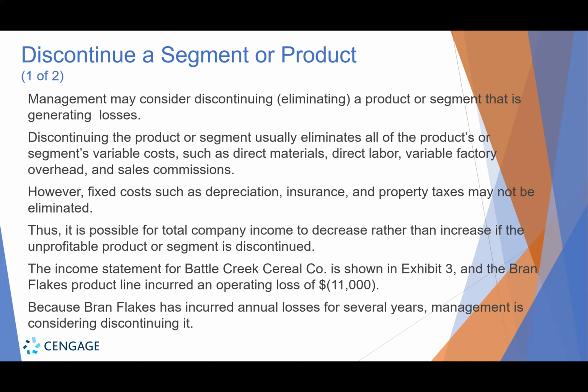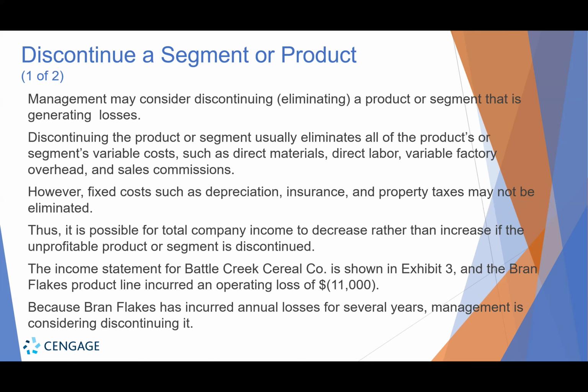So even though we might eliminate a segment, it's possible for total company income to decrease rather than increase if the unprofitable segment or product is going to be discontinued, just because of those fixed costs.